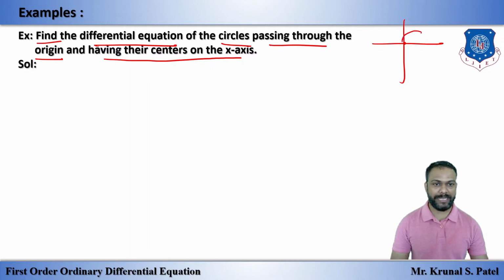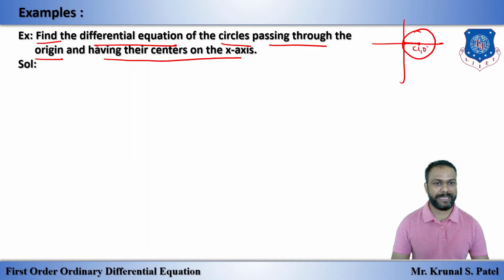So the center is on the x-axis and it passes through the origin. As I will teach you in the first semester multiple integration chapter, I have already explained the curves there, and we have the circle also. So this is our circle, center on the x-axis and passing through the origin, so the radius becomes this.